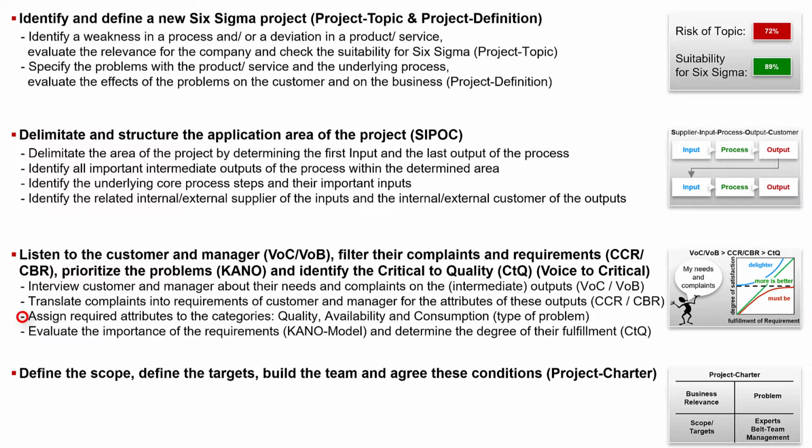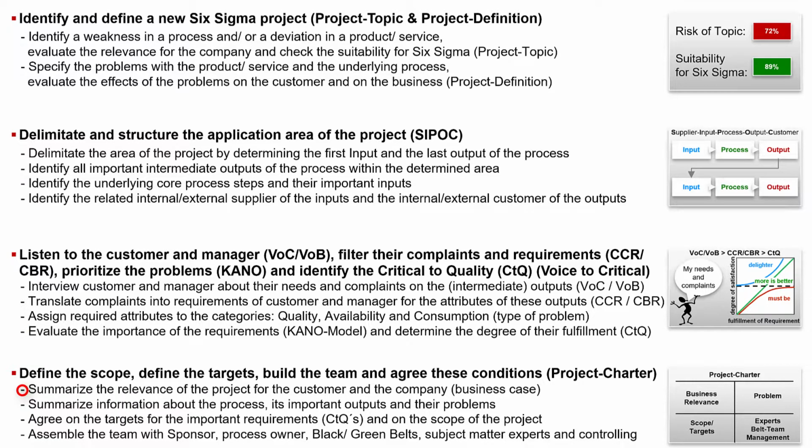Next, we assign the critical attributes to the categories quality, availability, or consumption, and thus determine the type of the problem. At last, we evaluate the importance of the requirements according to the Kano model and determine the degree of their fulfillment, resulting in the CTQs, critical to quality.